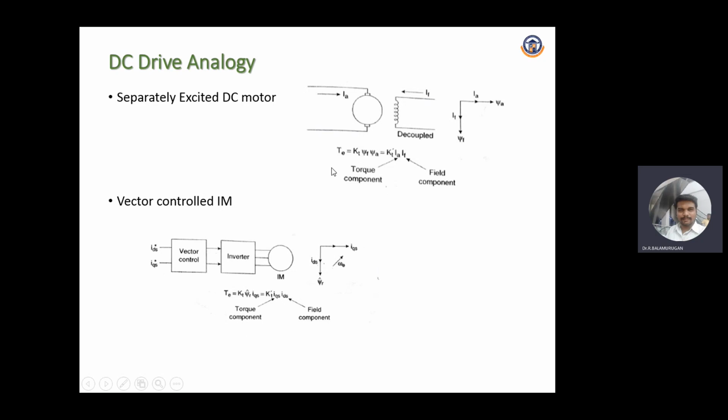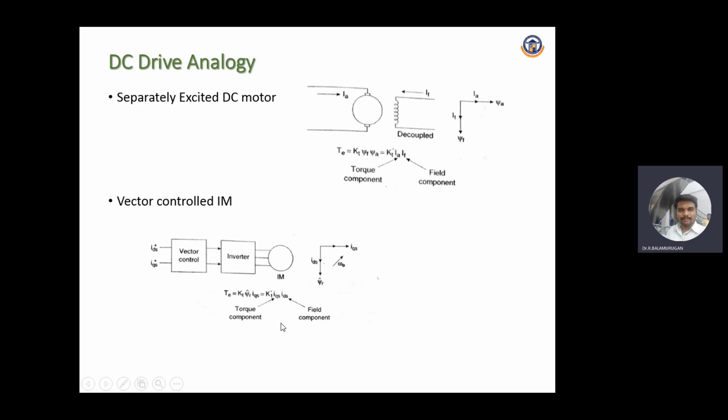Here you can see the torque equation, given as KT, IA, and IF for separately excited. The torque component is IA and the field component is IF. The armature current defines the control of torque, and the field current defines the control of the field component.